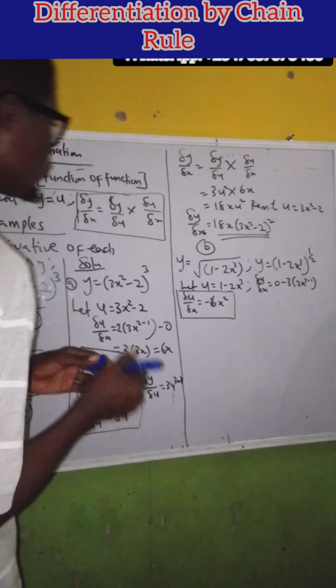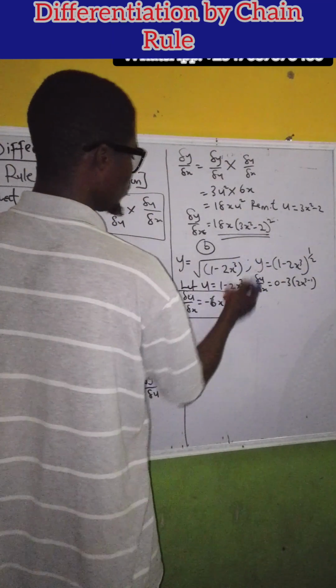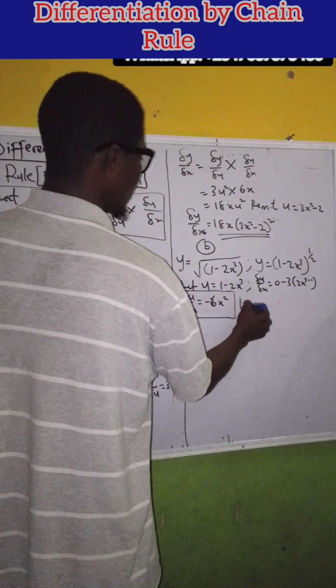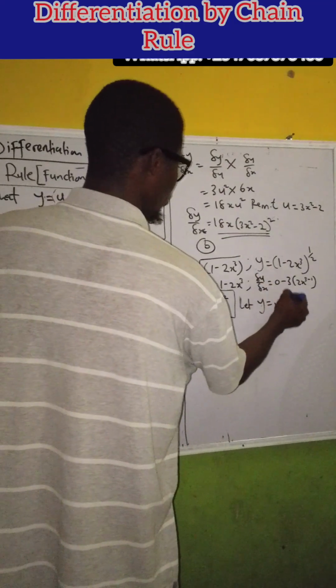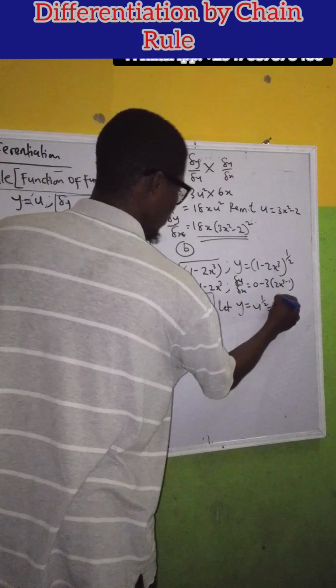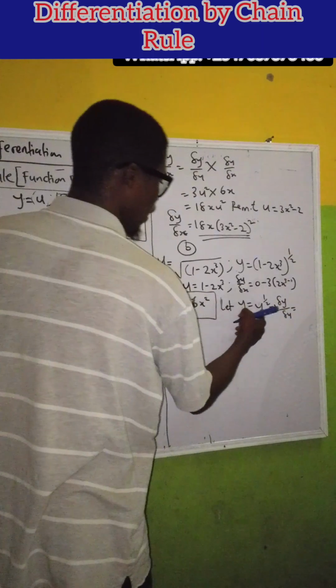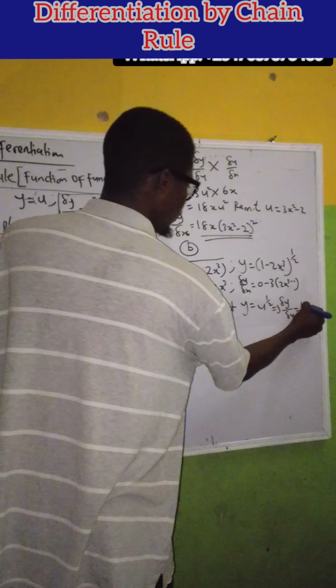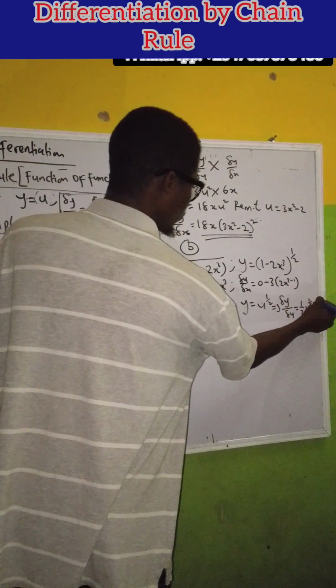Now, moving on, we need to find dy over du. So the next step is that let this y equal, this one was u raised to power half, right? So which implies that if you now differentiate y with respect to u, using the general rule, dy over du will be half u raised to power half minus 1.